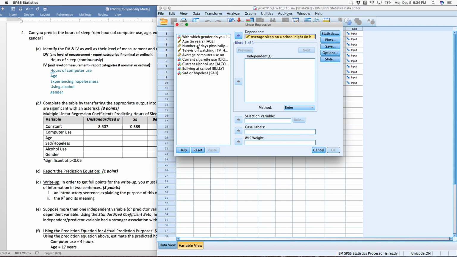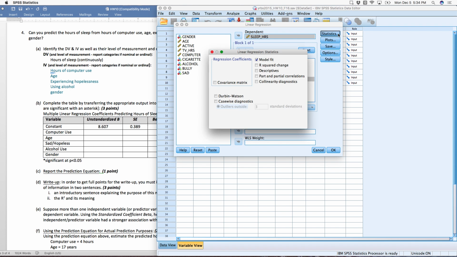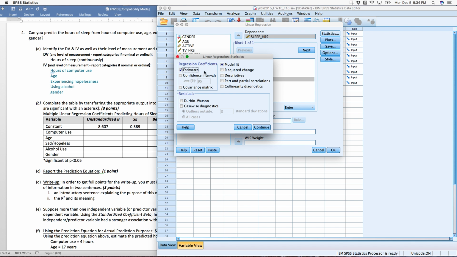And then our independent variables are hours of computer use, age, I can't read these because I know them by their names. SAD is the experiencing hopelessness variable. Alcohol is the using alcohol variable, and then gender. And I'm not going to click any additional things this time. So just the estimates and model fit.